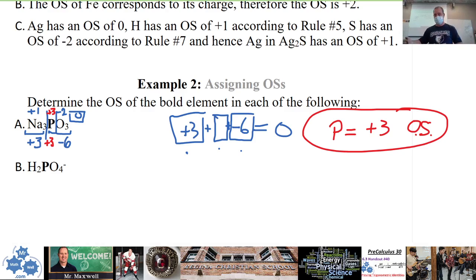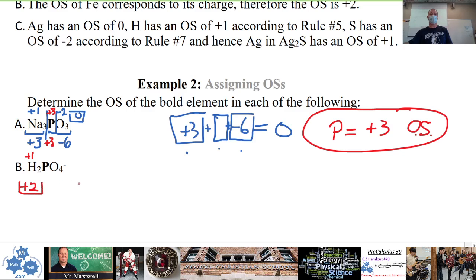Let's do another one. Very similar. This is sort of ionic; it looks like phosphoric acid, or well, it's got a -1 charge there. Anyways, +1 for each hydrogen. There are 2 of them, so this is going to be an overall +2 carried by the hydrogens.